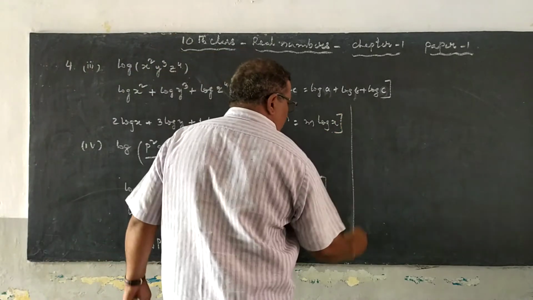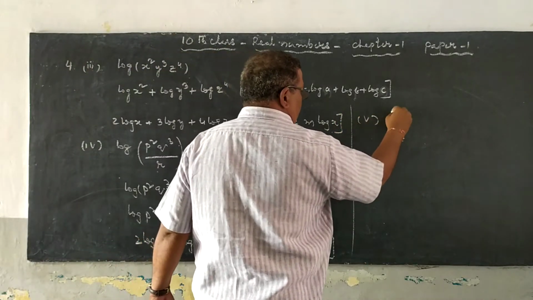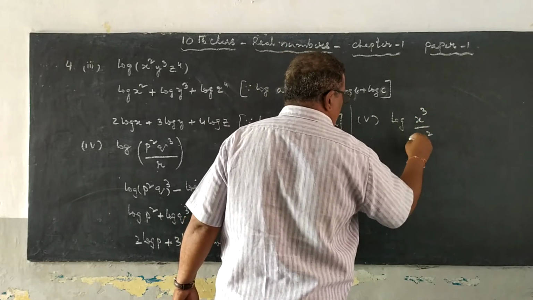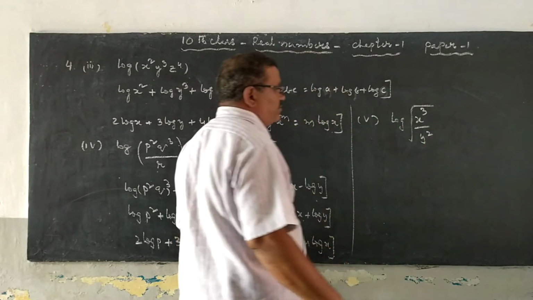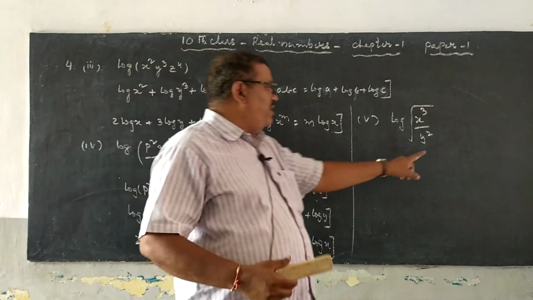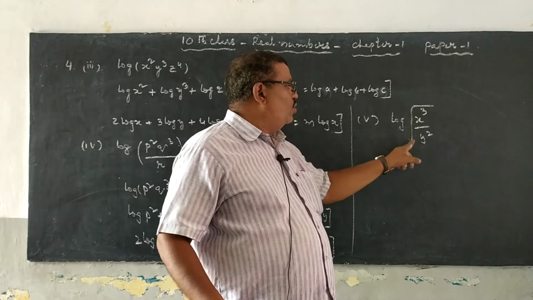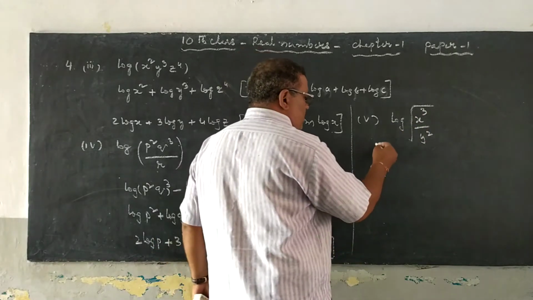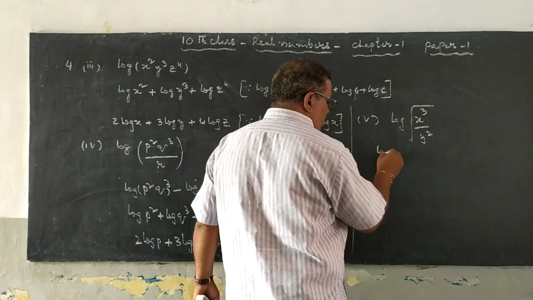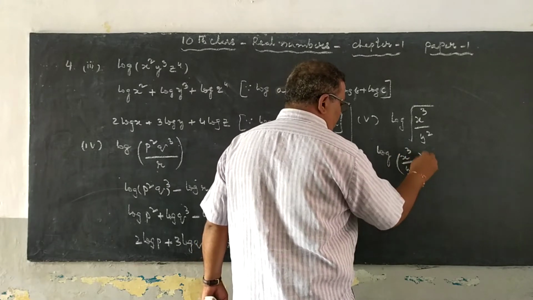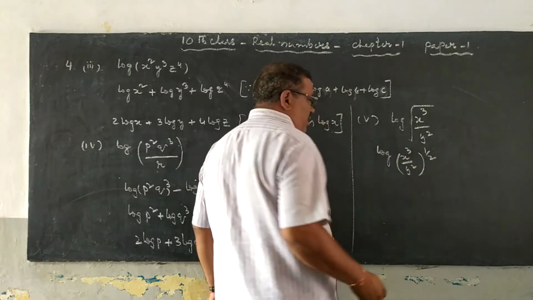Log of the root of x cube by y square. Think of this entire thing as a, with the root a formula. So we write log of x cube by y square whole power 1 by 2.